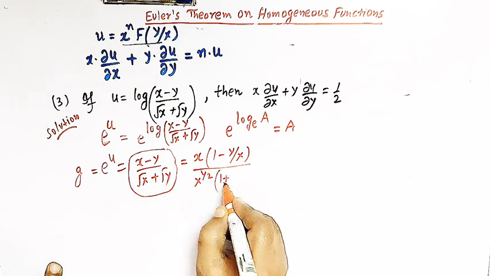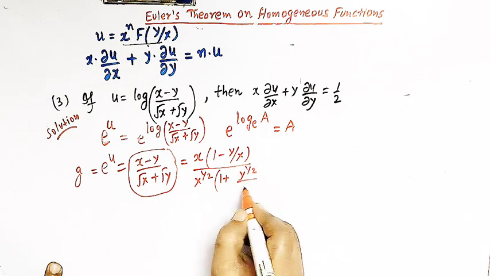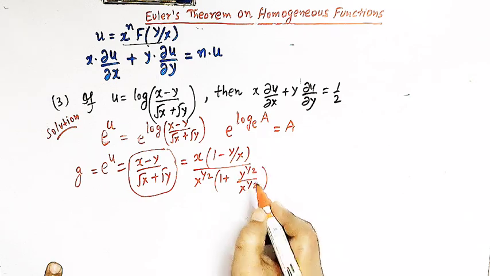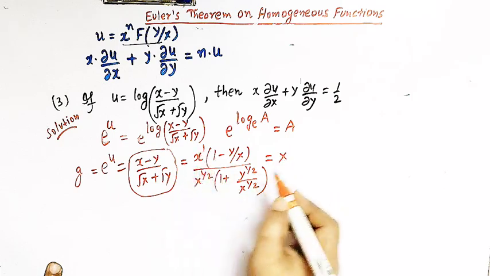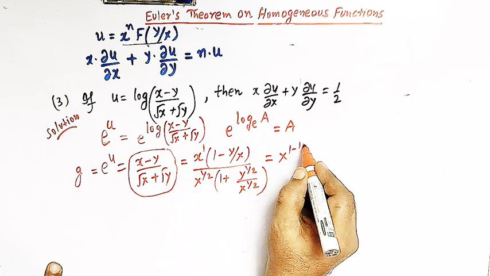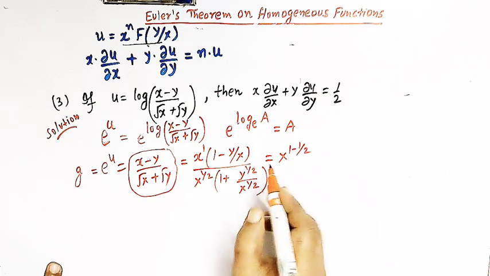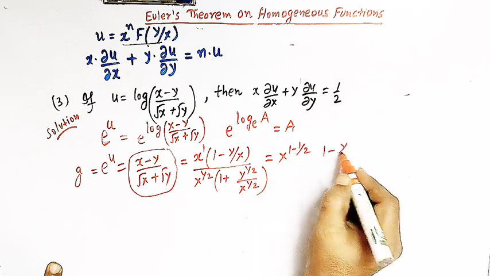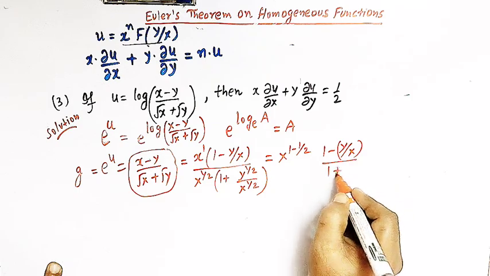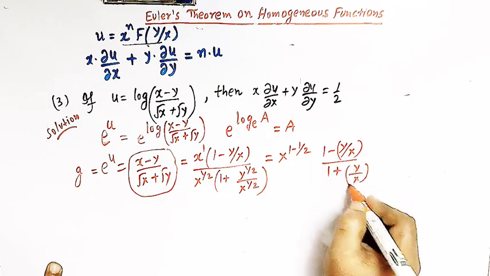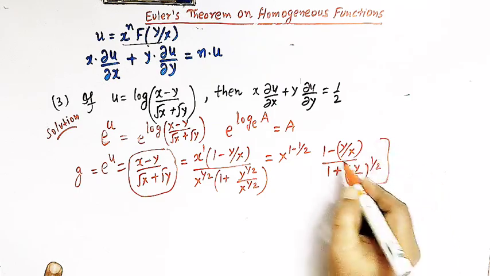So we have 1 plus y raised to half divided by x raised to half, and here we have x raised to 1. So using laws of exponents, we have x raised to 1 minus half, and here we have 1 minus y over x, and 1 plus y over x raised to half, right?